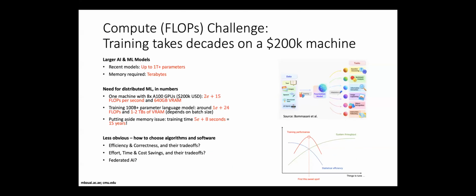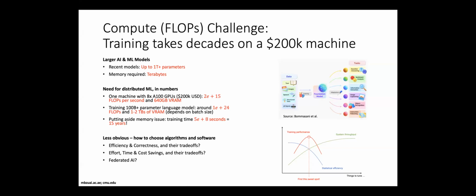The numbers are there on the slide. Basically, we have 10 to the 15 floating point operations per second for one of these so-called DGX grade machines. But the models require something like 10 to the 24 computation. So that's something like 10 to the 9 seconds, which is 15 years.